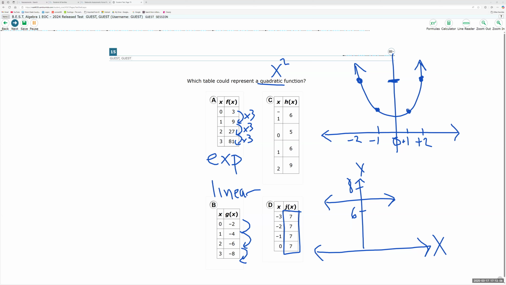Obviously, I didn't draw this with the right function in mind because this is not 0, 0. It's 0, 5. The point being, though, that you have a -1 here giving you a +6. So a -1 gives you a positive number, and a positive 1 gives you the same positive height, the same +6.